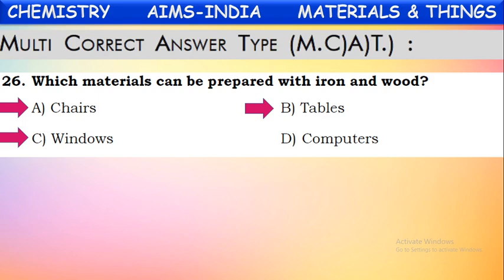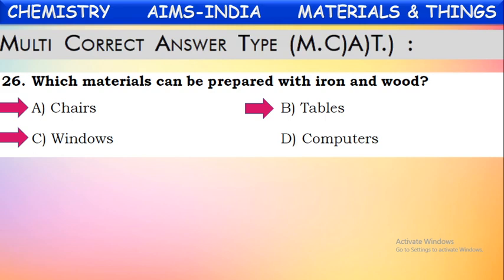Yes, chairs, tables, and windows can be prepared with wood and iron. But computers cannot be; computers are made with plastic, we know that. Chairs, tables, and windows are all made with either iron or wood, or with both. Both are sometimes used.